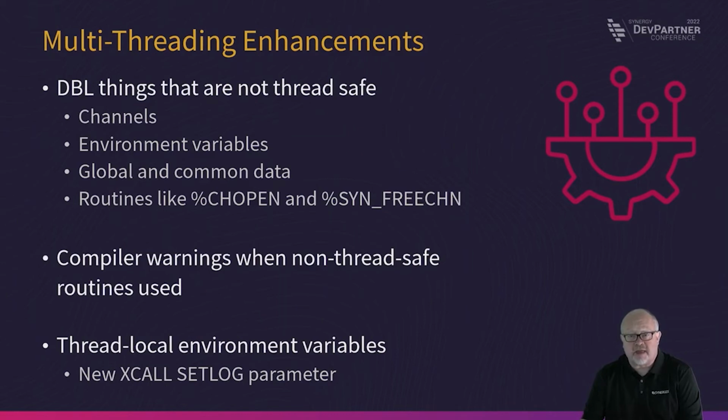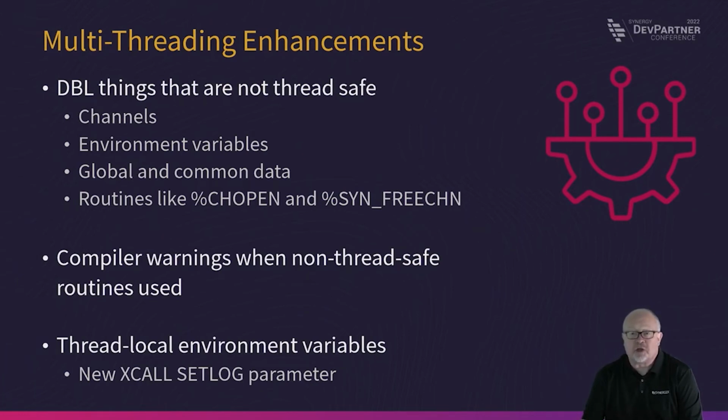Generally, these are things that in a multi-threaded environment operate at the process level, not the thread level. The issues are with things like channels, environment variables, global and common data, and so on. And also some routines like the %chopen and %synth3chan are also not safe to use in multi-threaded environments.